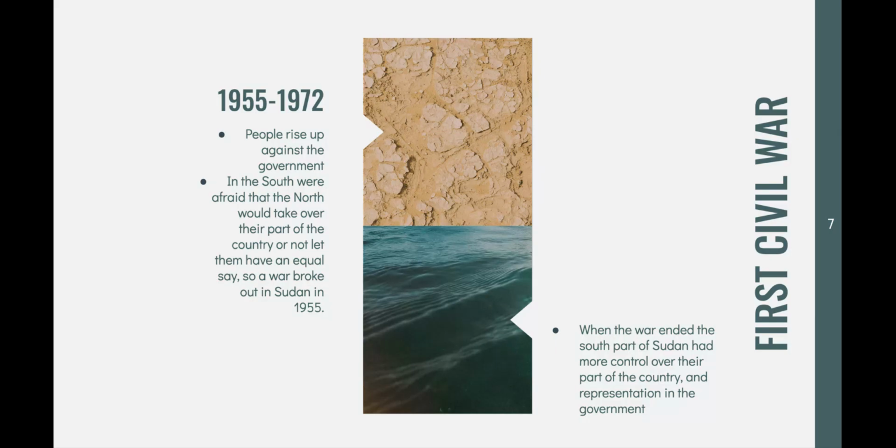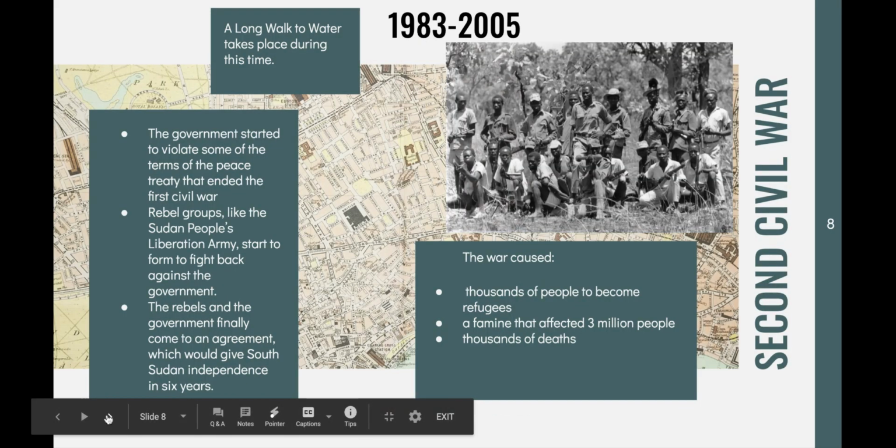So a war actually broke out right after they got their independence. It was just months after. This first civil war ended in 1972, and the southern part of Sudan is still a part of Sudan at the end of this, but they were given more independence to govern themselves.